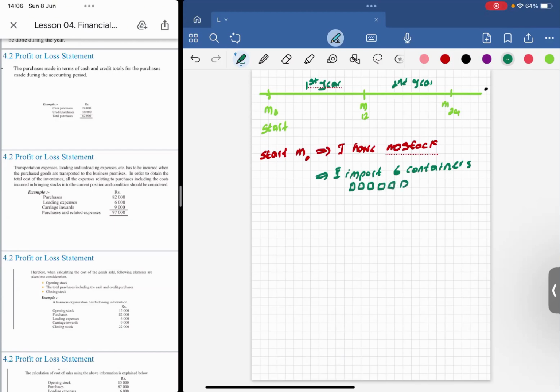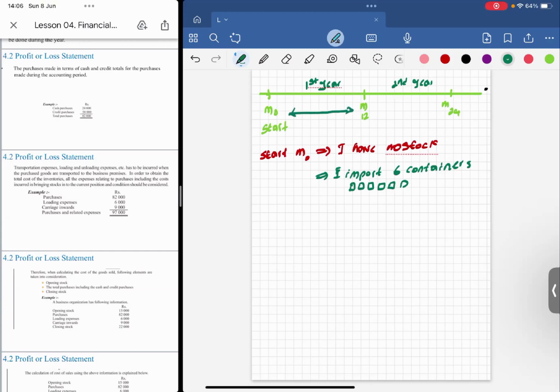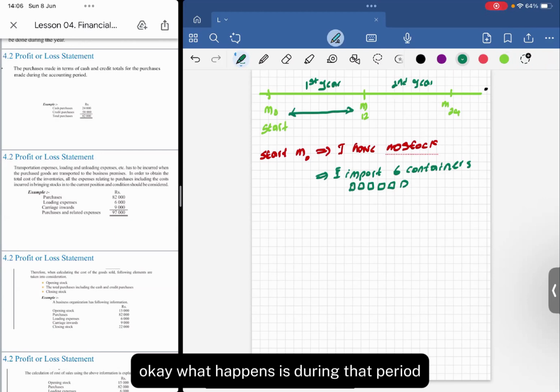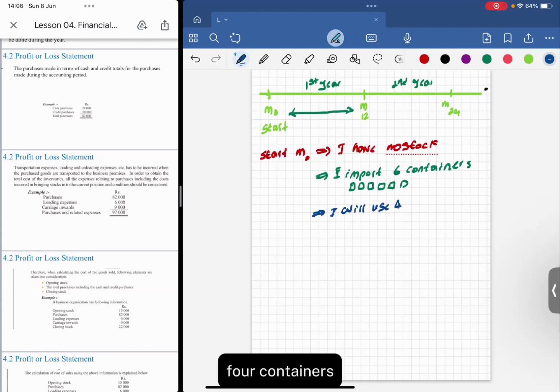Then during the period from month 0 to month 12, I will use 4 containers.